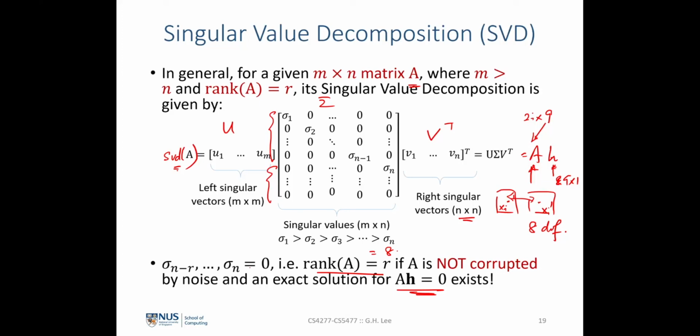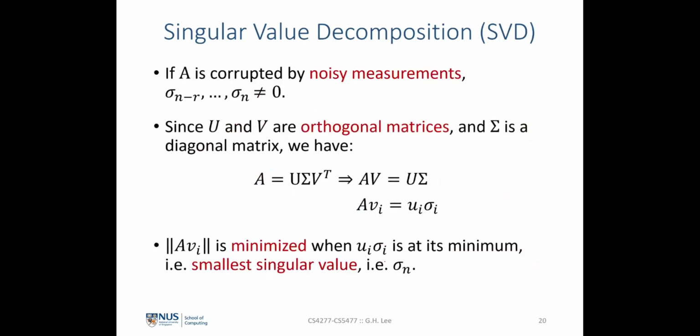But in general, this does not exist because the point correspondences are corrupted with noise, and in general the rank of A is not going to be equal to 8. We'll see that if A is corrupted by noisy measurements, the next n minus r singular values are not going to be equal to 0.